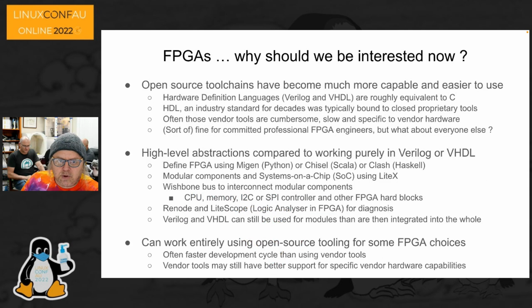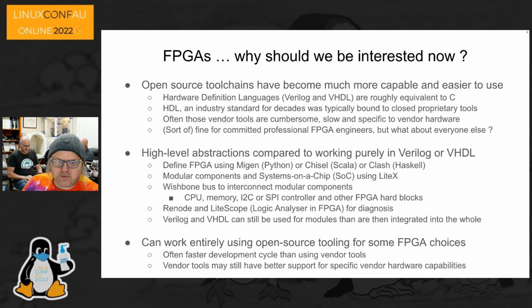So why should we take interest in FPGAs now, given they've been out since about 1985, so several decades? One of the main reasons is that a lot of open source developers, like Tim Ansell, have been pushing very hard to develop open source tool chains, and it's becoming much easier to use now. For decades, definition languages like Verilog and VHDL were roughly the same sort of abstraction as writing C code, and were tied very closely to proprietary tools.